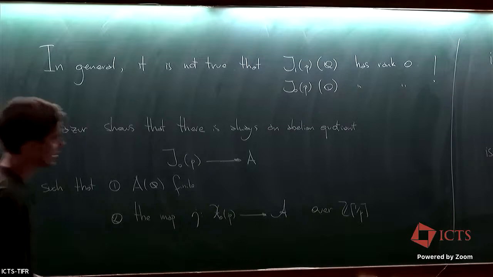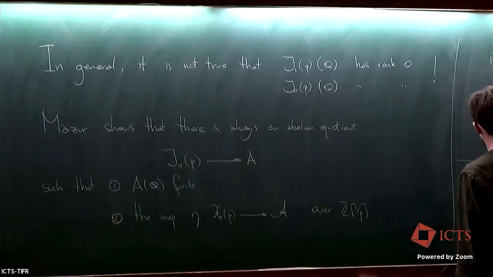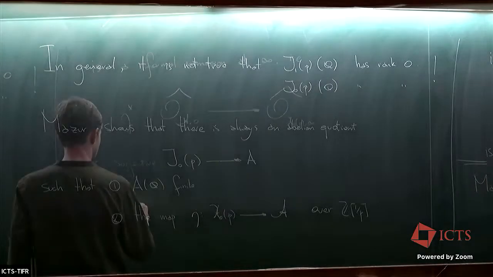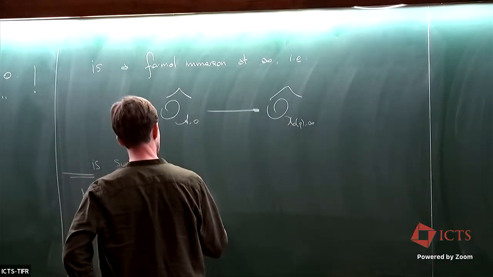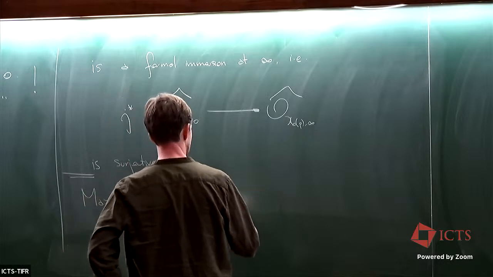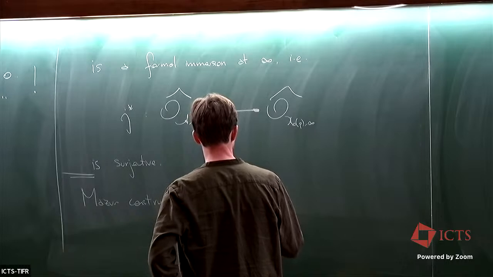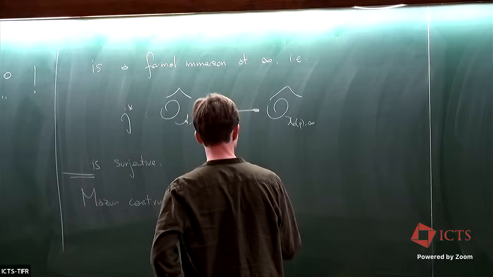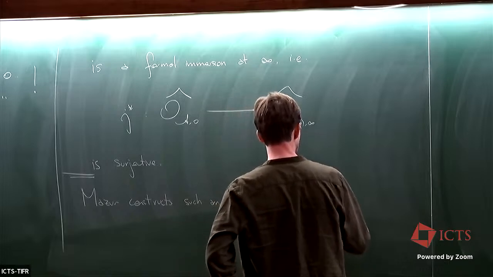Now, what Mazur does in his original paper, Mazur constructs such a quotient, well, he constructs such an A, and he calls it, I guess is the right way to say it, the Eisenstein quotient.